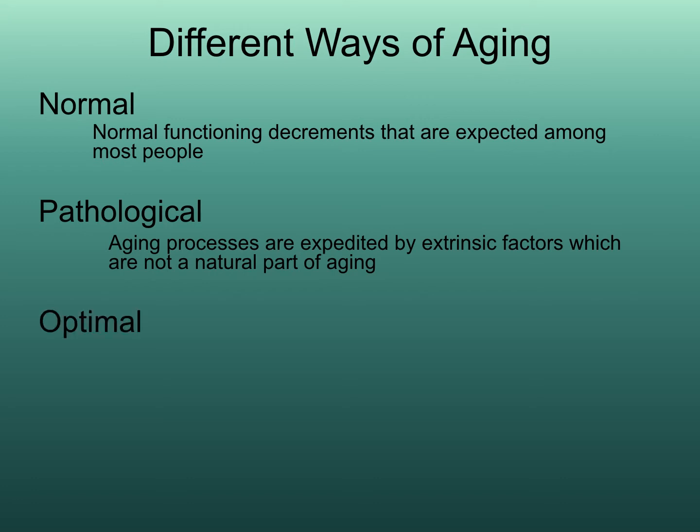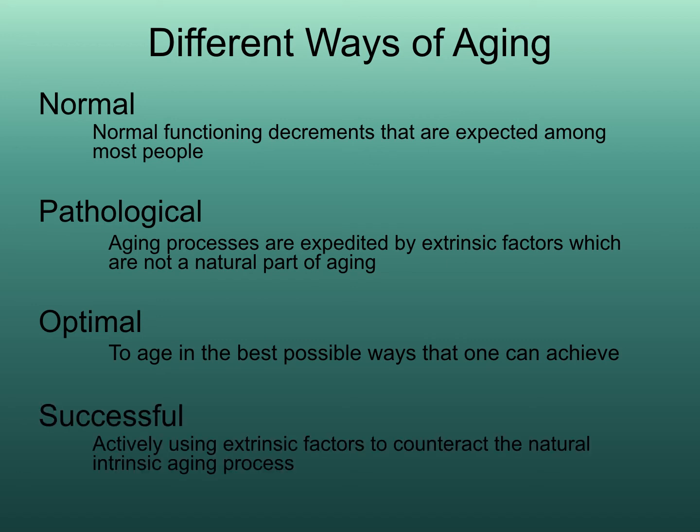Then there's optimal, which is basically just the very best way anybody ever could do. These are the people that you see and think, how could you possibly be that old? You don't seem, look, or anything like it. And then finally, there's successful. That's actively using the extrinsic factors to counteract the natural, usual aging process.